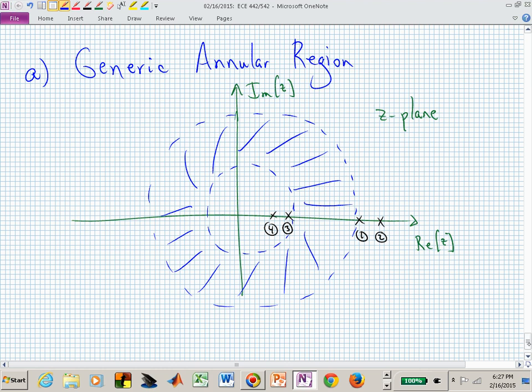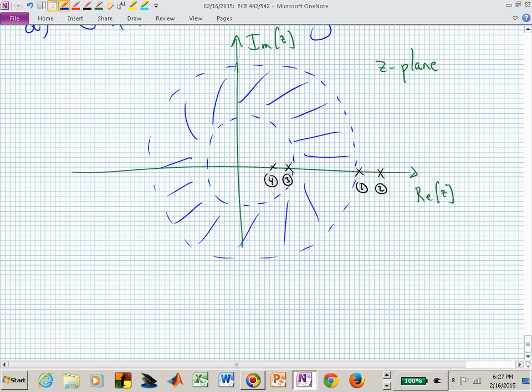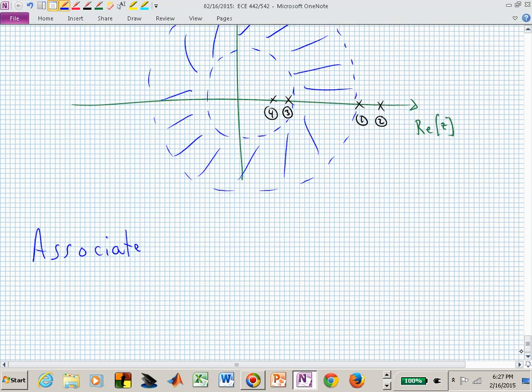Now, let's see what we can do with this particular picture. Let's see how we can associate these poles with the appropriate time behavior or indexes. Associate the poles larger than the annular region. Hopefully this writing will be clear.